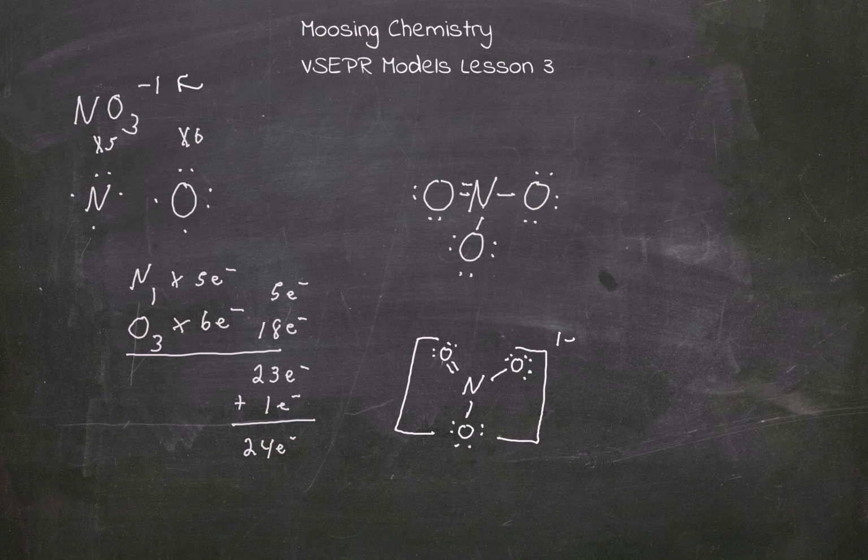All right, so now let's get back to this here real quickly. So the structure could also look like this. And that's where the double bond can be. And of course, we place our electrons around it.